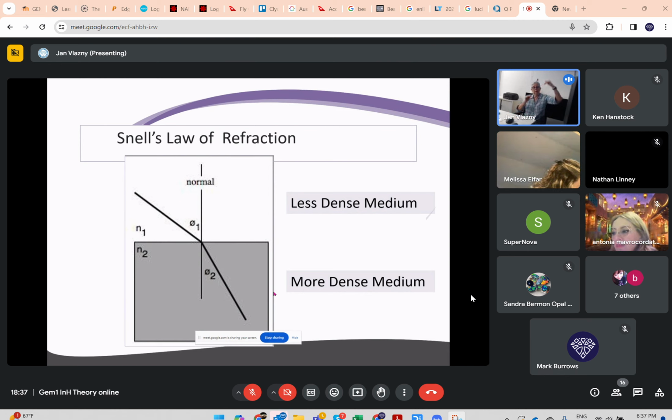When it hits that more dense medium, it slows down, and the slowing down is what causes it to bend. My way of explaining that would be like a great big long truck that has to slam on its brakes really quickly. What happens? The tail goes around because the front has stopped. It's slowed down.